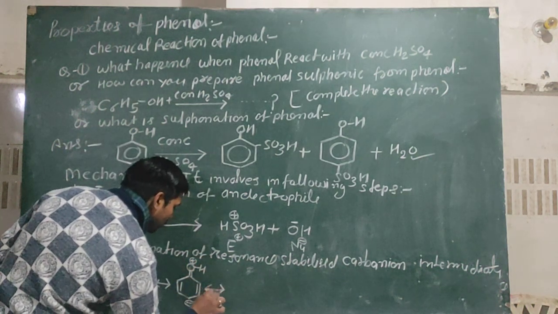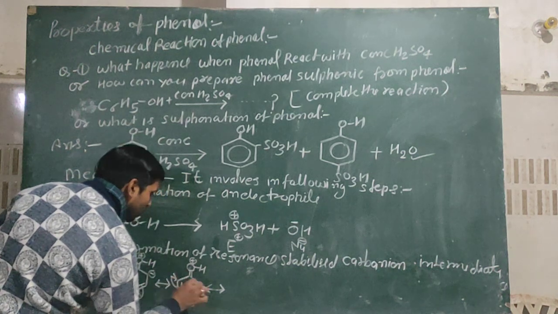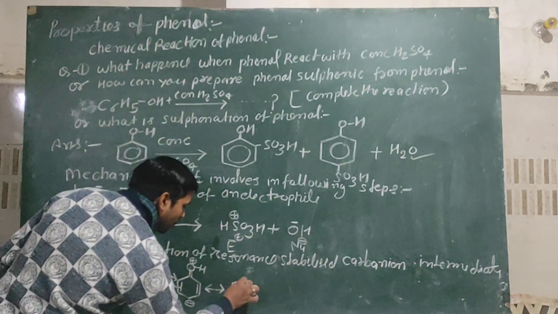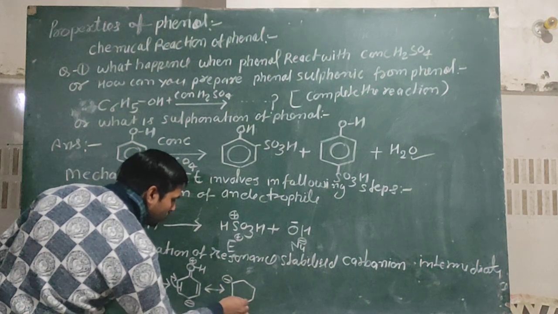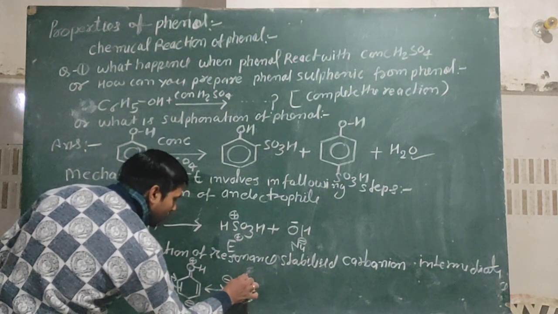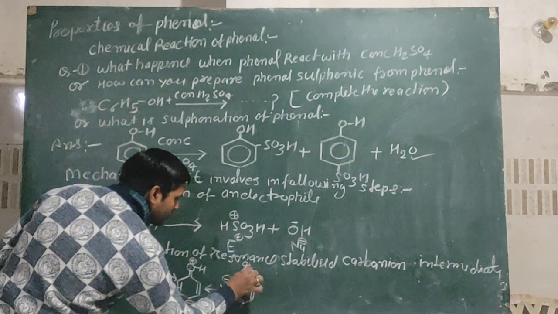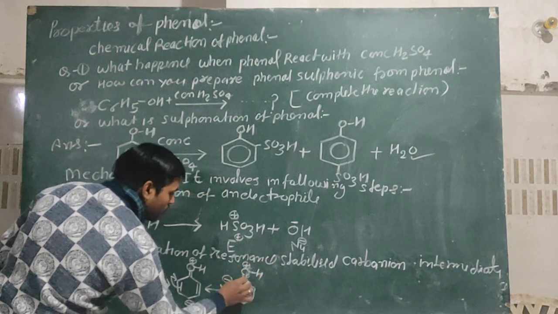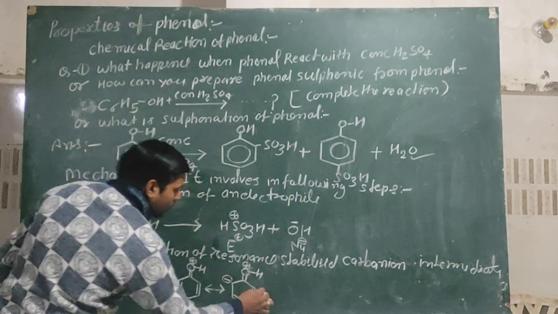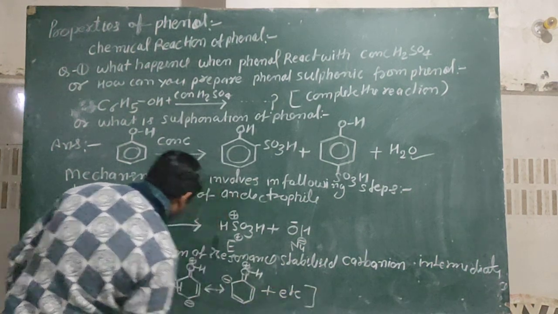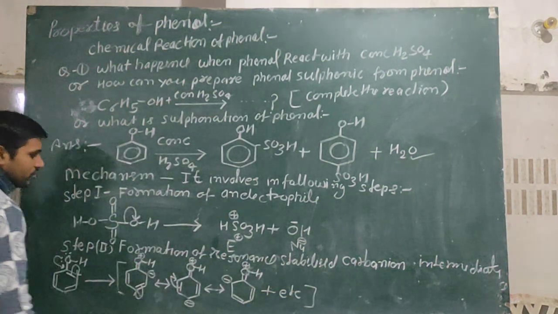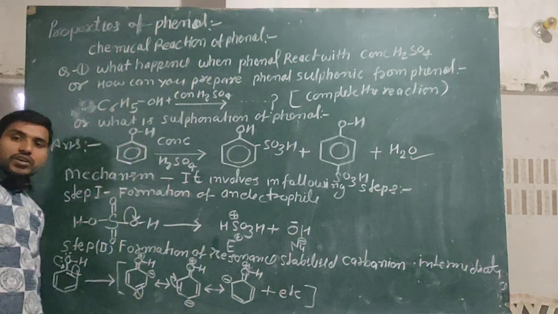Further, this bond breaks toward this center and negative charge moves toward the ortho position of phenol, and here O plus and H are formed, etc. It is the resonance stabilized carbanion intermediate.